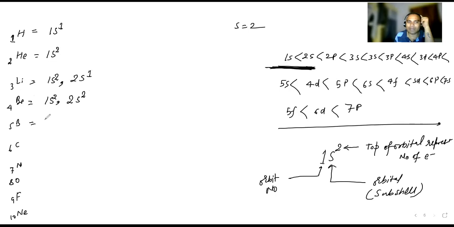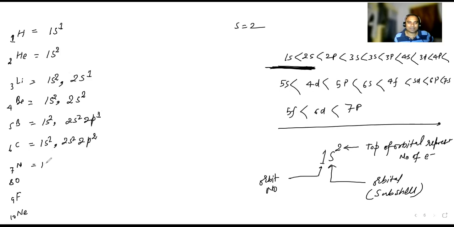Now go for boron. Boron is 1s2, 2s2, and 2p1. Tell me for carbon. 1s2, 2s2, and 2p2. Great.